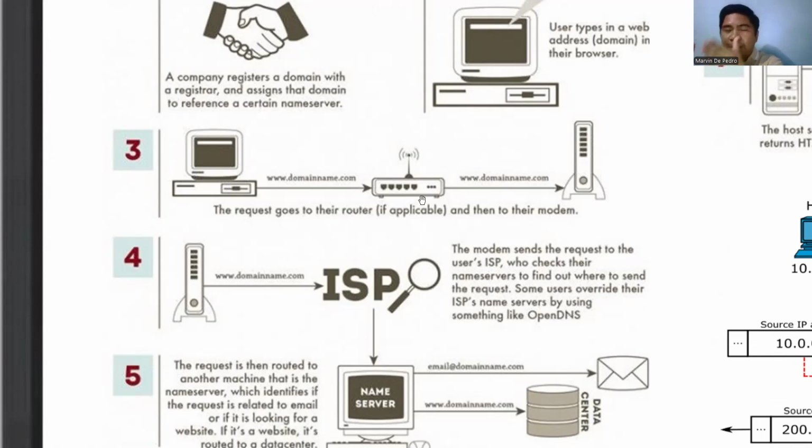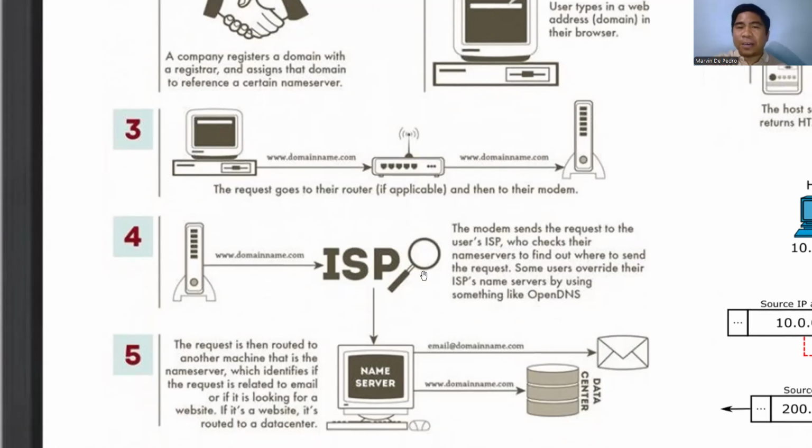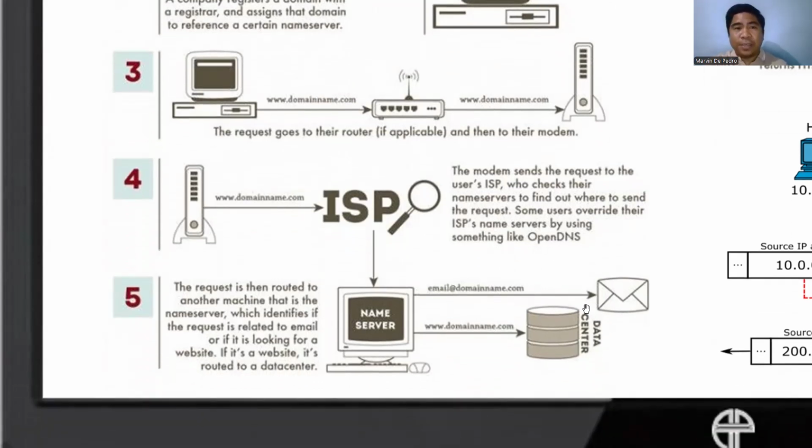You type in the domain name, and the DNS will forward the corresponding IP address to the ISP. So the modem sends the request to the user's ISP, who checks their name servers to find out where to send the request. Some users override their ISP's name servers by using something like OpenDNS.